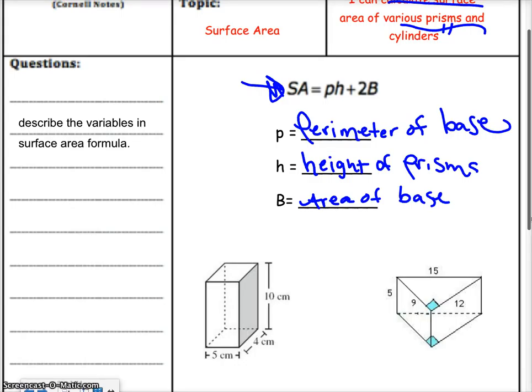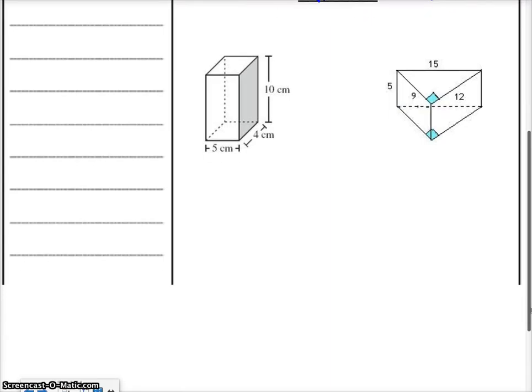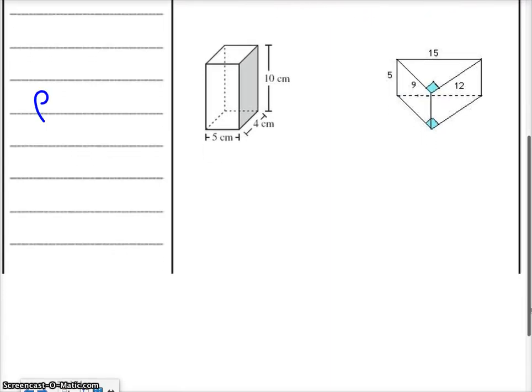Now let me try to draw this out for you, and then we'll actually reference it. So it's Ph plus 2B. Now let me show you where the Ph comes from. If you think about Ph, P is the perimeter of the base. There, there, there, there. Do you see that? Do you agree that that's the perimeter of the base?